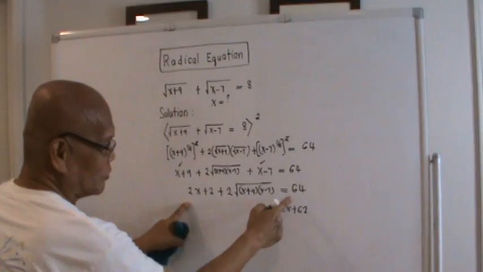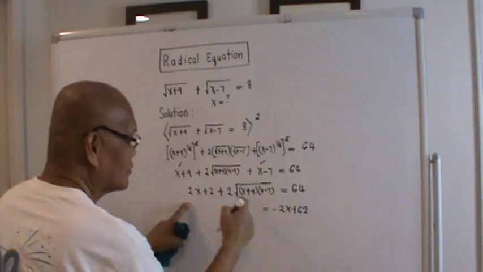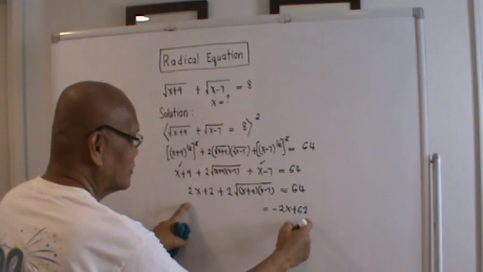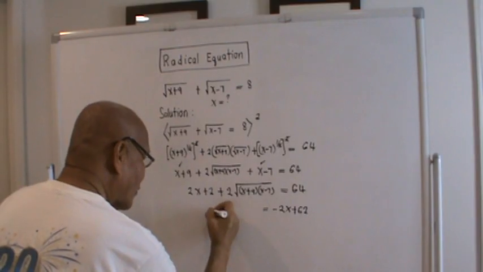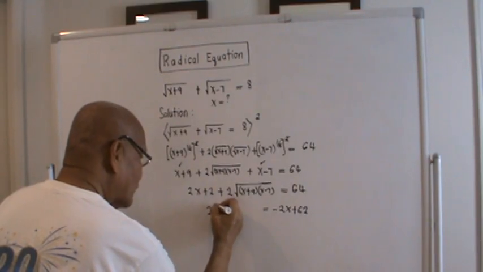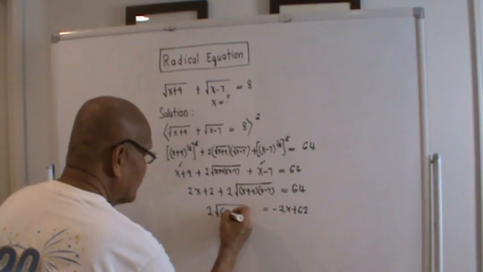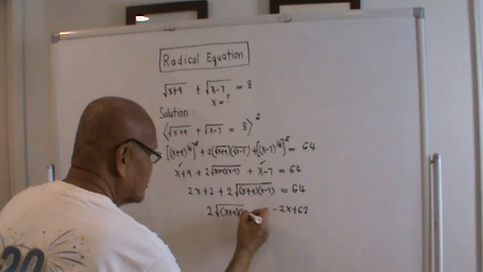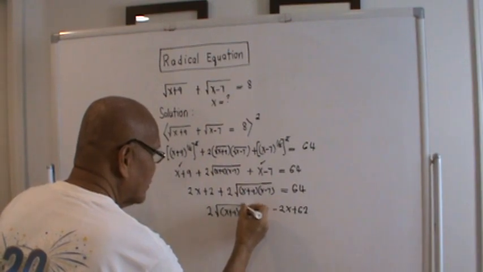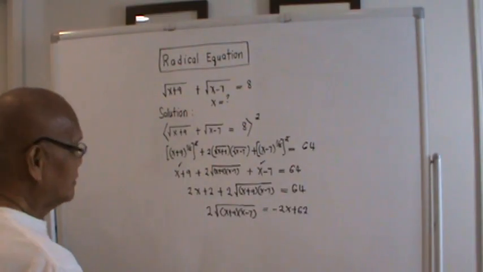Because this is positive 64, we transpose this to the right, it will become minus 2, so 64 minus 2 will be 62. And what remains on the left will be 2 times the product of the square root of x plus 9 times x minus 7. Okay, could you see it, guys?